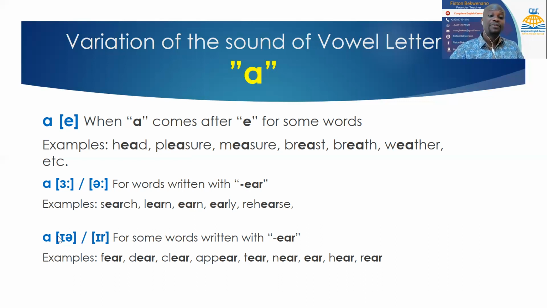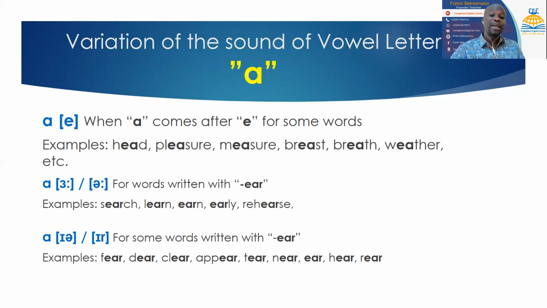And the following is A as a vowel can still give the pronunciation of an ear, and Americans write it phonetically like E and with R sound. So for some words written with EAR, they can vary, having different sounds, but don't be afraid if you come across them.